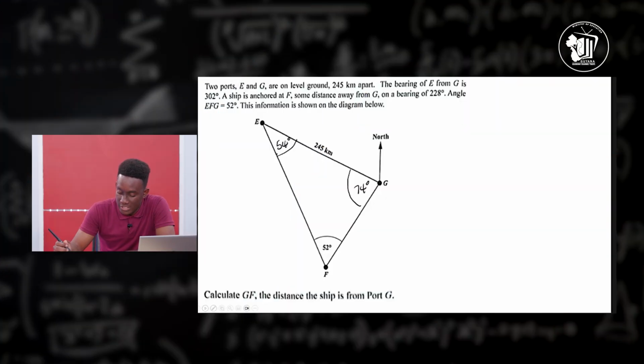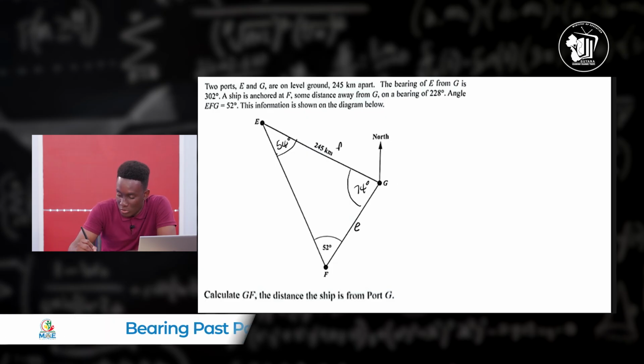The next question says, calculate GF, the distance the ship is from the port. So GF would be here, and they want us to find that. Let's look at what we are given. We are given this side and this angle, and we are given this angle that we just found. So we can use the sine rule. If here is E, here would be small e. If here is F, here would be small f. And if here is G, here would be small g.